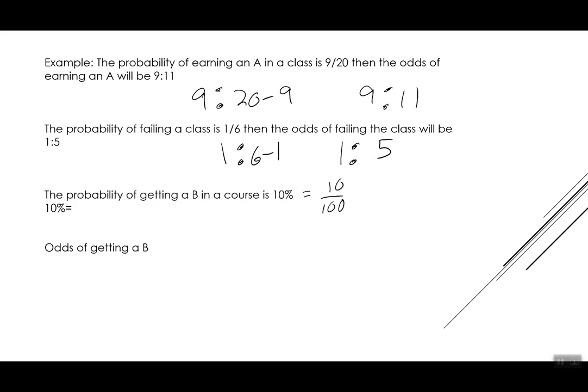Percent means over 100. So for every 10 ways that somebody gets a B, there are 100 minus 10, which is 90 ways that they won't get a B. So the 0 cancels the 0. I get 1 to 9 as the odds of getting a B.